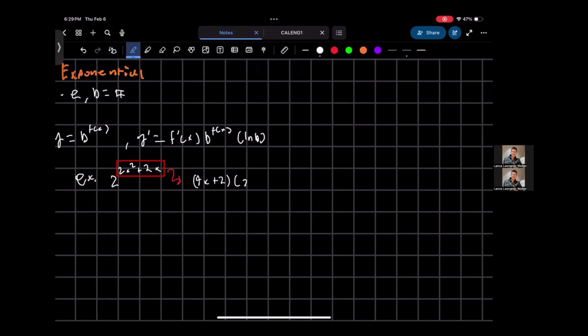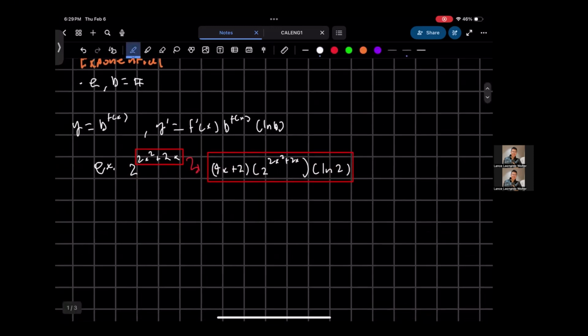Then we copy our original function, 2 raised to x squared plus 2x, and multiply it by the ln of the base, which is 2. This is our base, and we just get the ln of that. This is our answer.